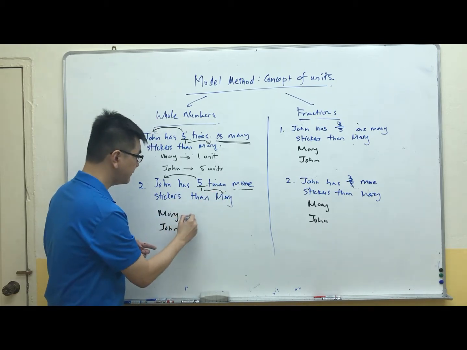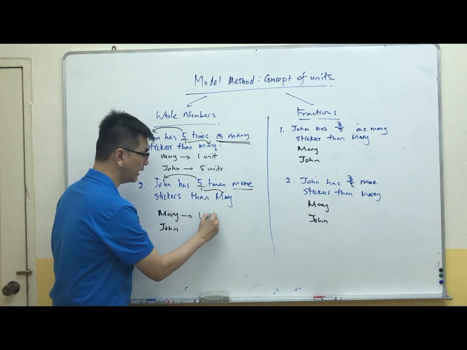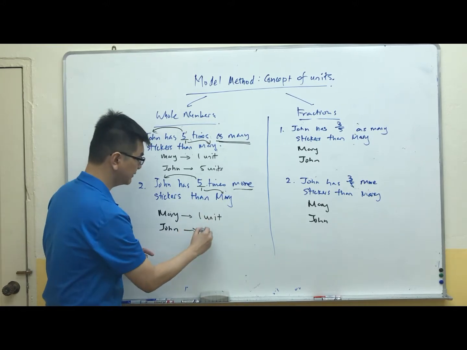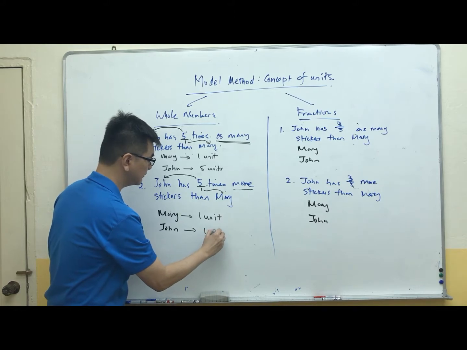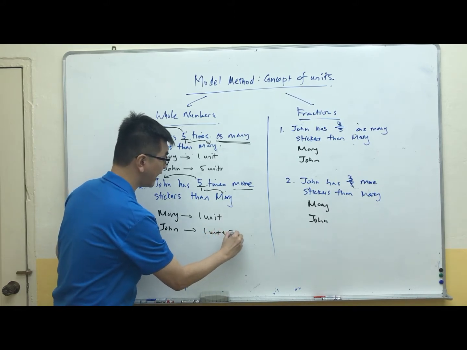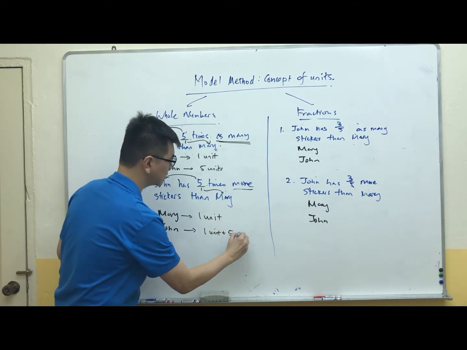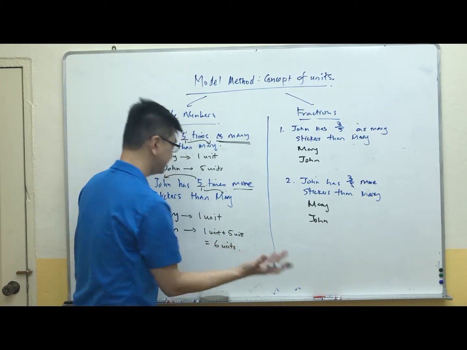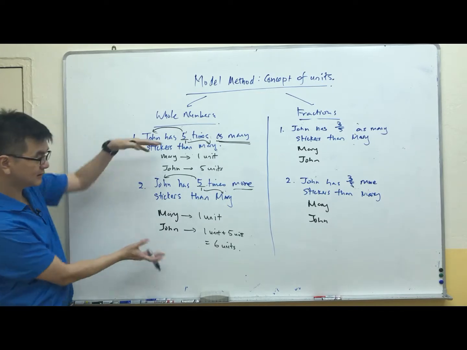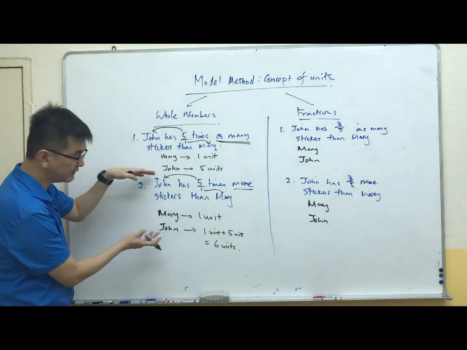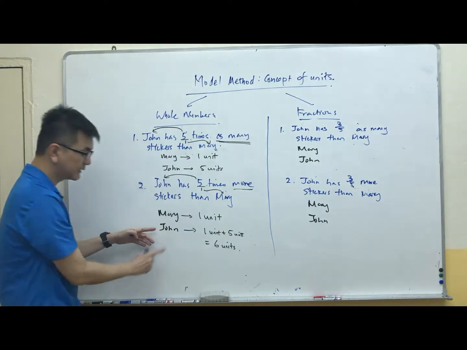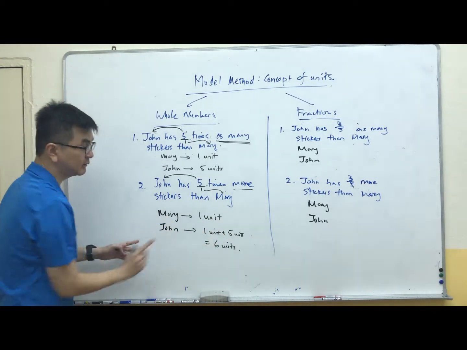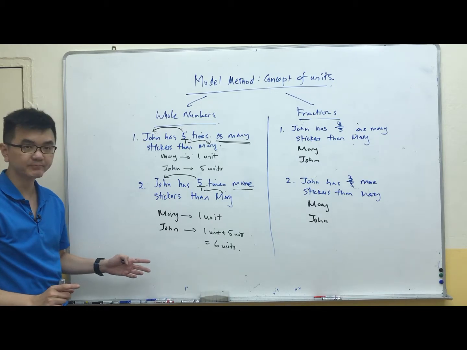Mary would have 1 unit and John would have 1 unit plus 5 units, so in total John will have 6 units. Notice in terms of the phrasing and the outcome, John will have 5 units on top of Mary's 1 unit, which gives him 6 units.